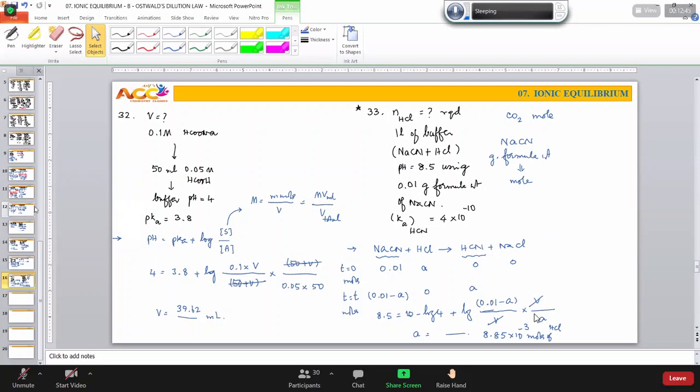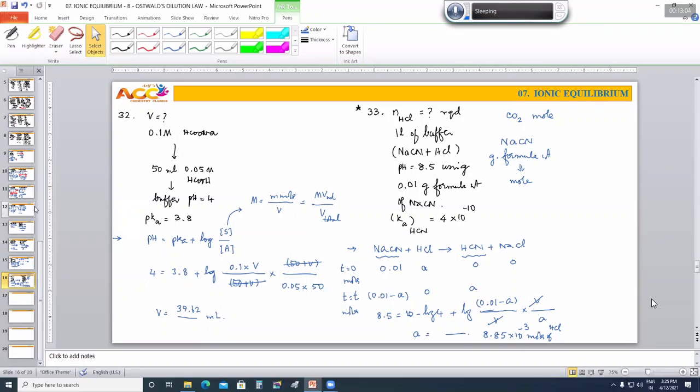No problem. Answer is given as 8.85 into 10 power minus 3 moles of HCl. Okay. That is something with respect to buffer solutions. What is the way and how to enjoy the concept of buffer solutions we have discussed.